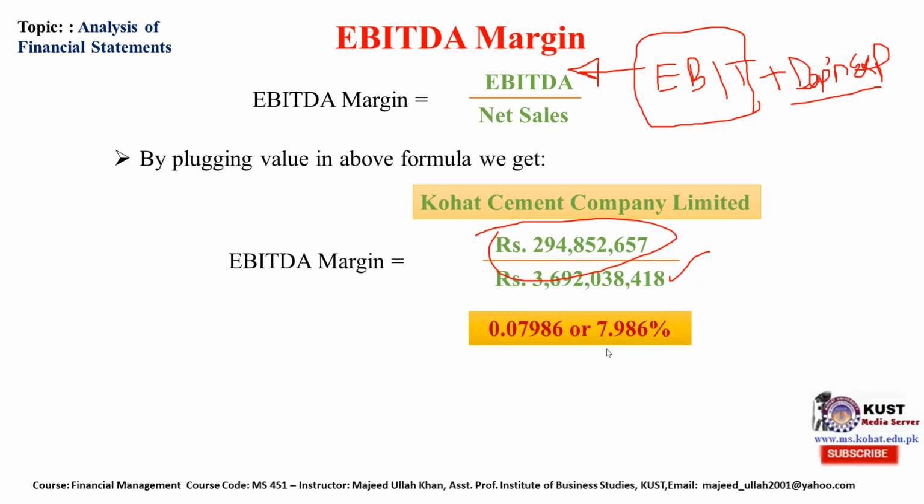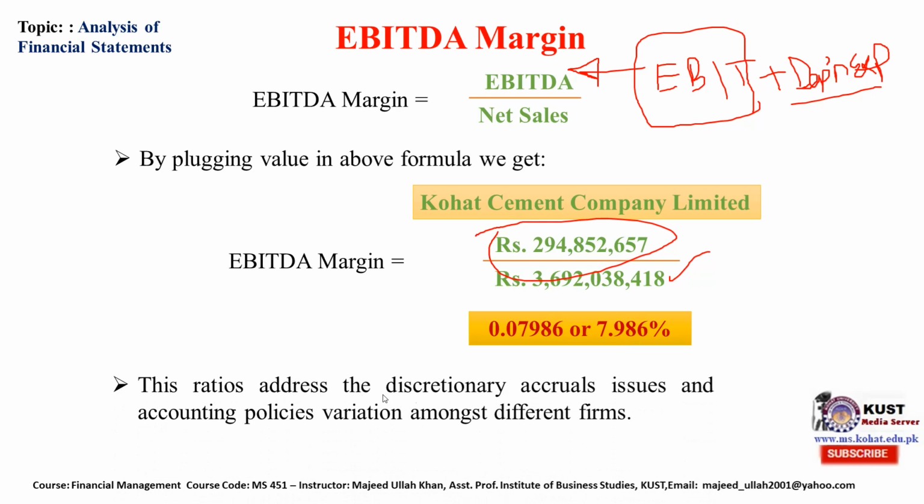We get 7.98%. It means the ratio addresses the discretionary accruals issues and accounting policies variation among different firms. So it is a highly comparable ratio. It shows what is available in order to pay interest, taxes, depreciation, expenses, not operating expenses. Operating expenses are covered in this one.